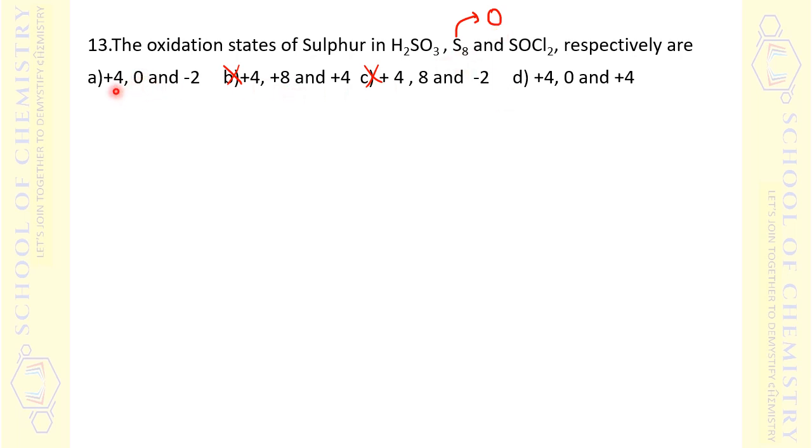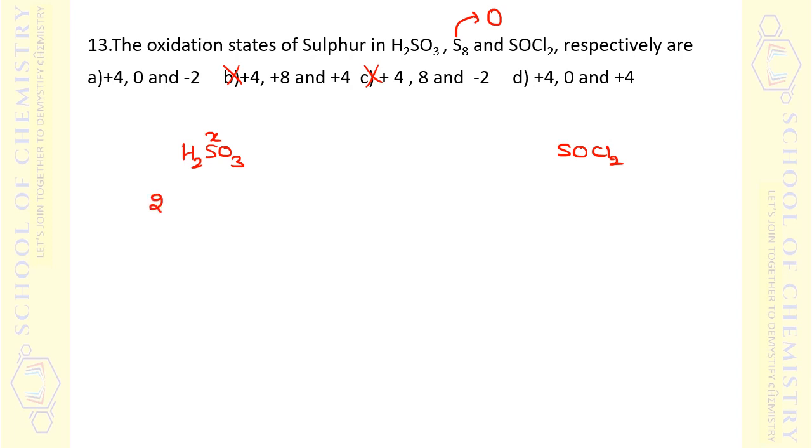So to find out which of the remaining two options is correct, you should find out the oxidation state of sulfur in this species as well as in this associated species. Let me do that very quickly. So first, if I consider this H2SO3, let's say I take this sulfur oxidation state as X, right? Then what I do is, for all the remaining species I put the common oxidation state, and I equate everything to 0 and try to find out the value of X. So that's the method that we do.